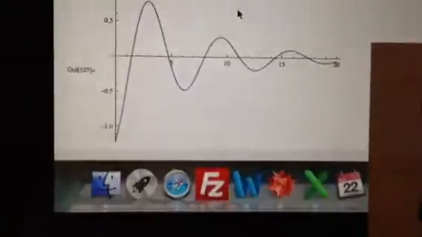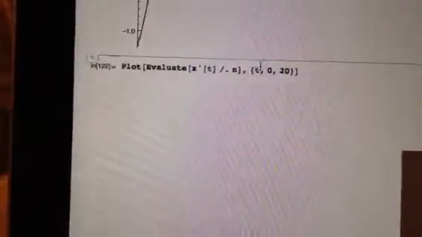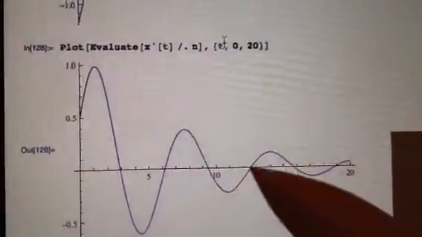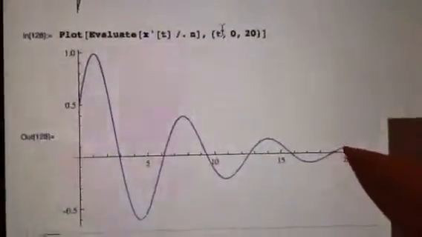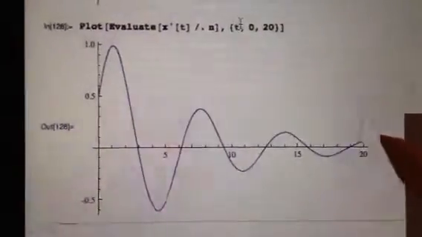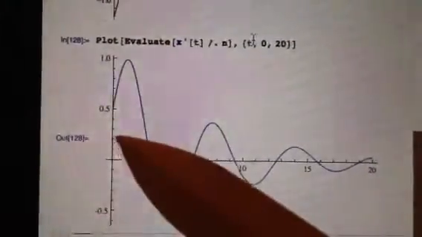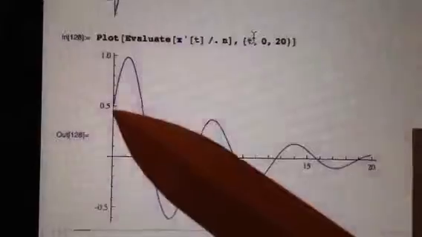Now let's do the x prime. Shift enter. So we can see again that the limit of x prime is also 0 as t goes to infinity, and this corresponds to the initial point.